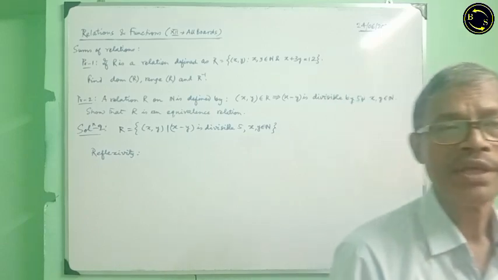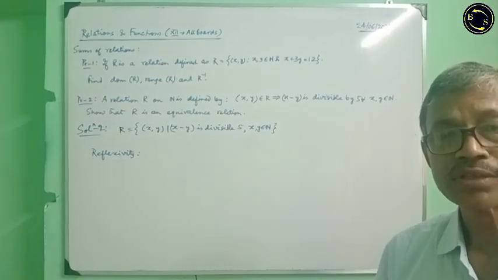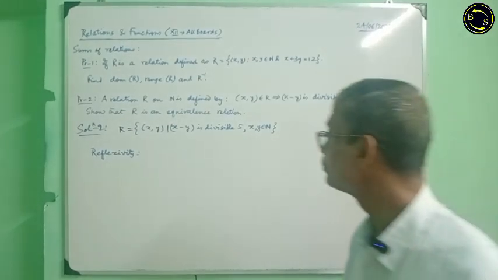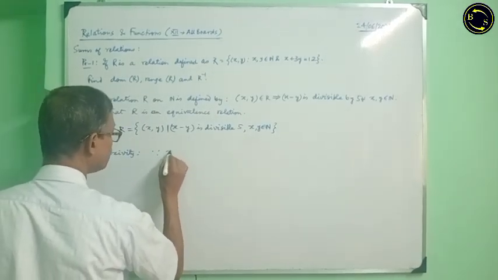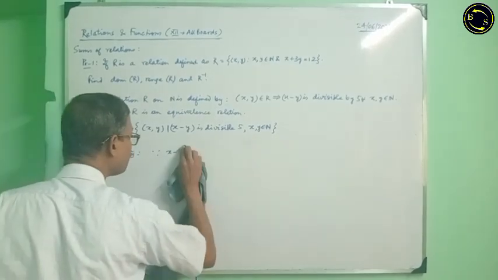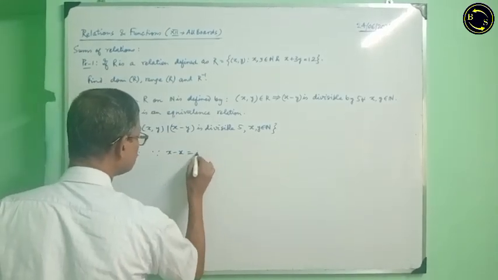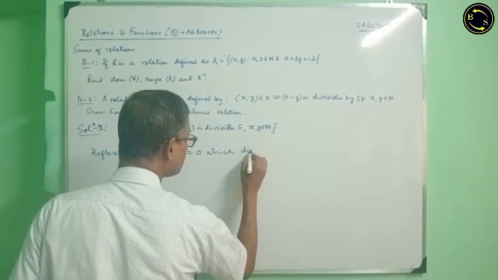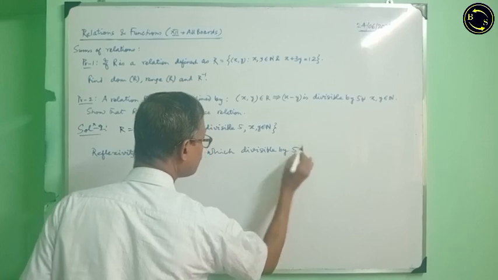R will be reflexive if x is related to itself, means (x, x) belongs to R. x minus x is 0, which is divisible by 5.